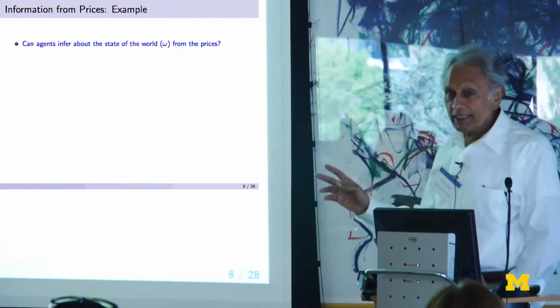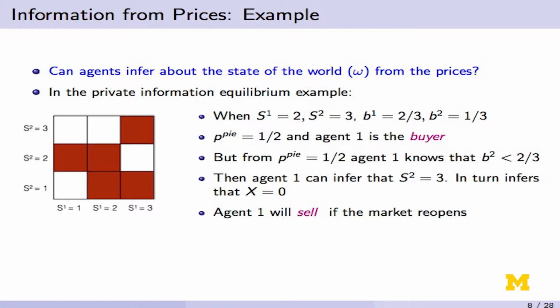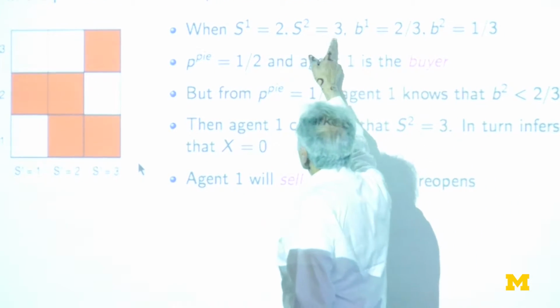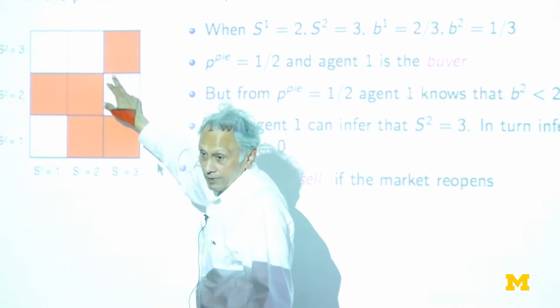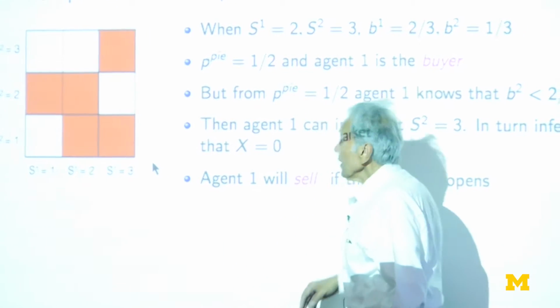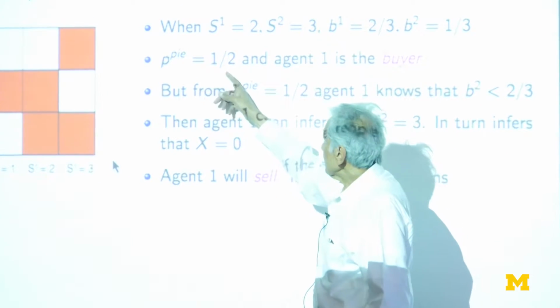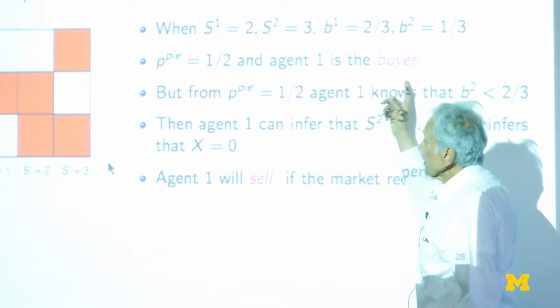So let's see what happens in that particular example, what kind of information you can derive. Let's take S1 equal to 2 and S2 equal to 3. S1 equal to 2 is what agent 1 knows, so his offer will be 2/3. Agent 2 knows it's 3, so his offer will be 1/3, because that's his expected value. So the average price, the partial equilibrium, will be 1/2, and agent 1 is buying.